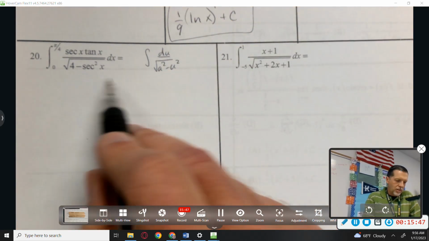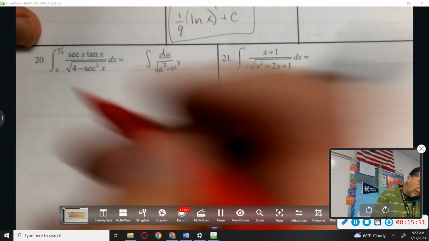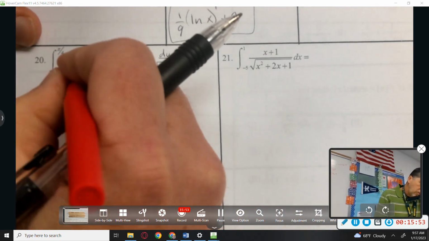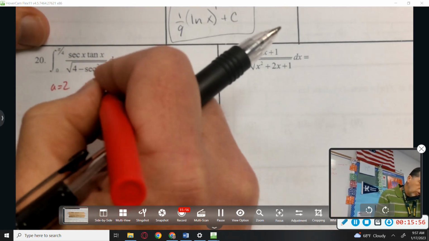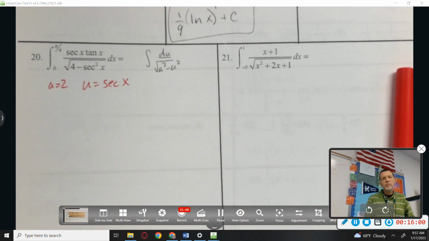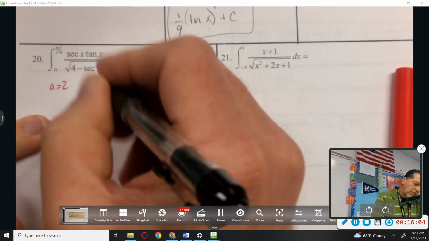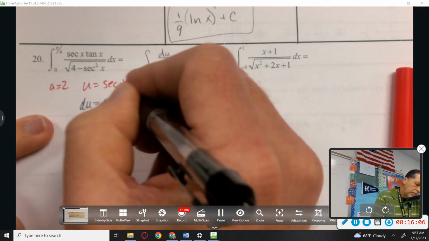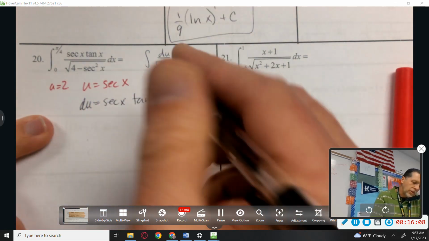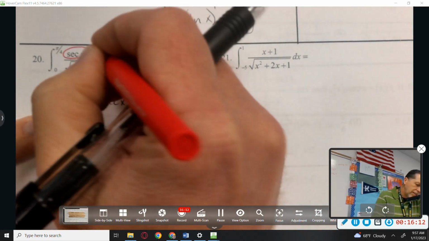So this is, I think, arc sine of something if a is 2 and u is secant. Now, that's going to have to fit with the rest of this problem, so I'm not for sure yet. But du then is secant tangent, and that's perfect. That's great news. So now all of this is du.